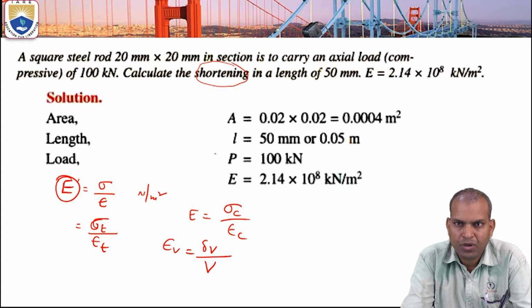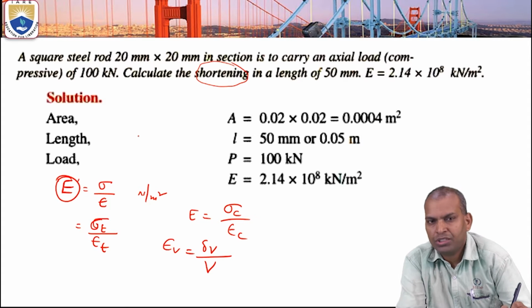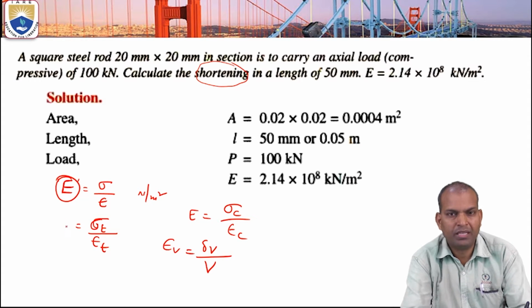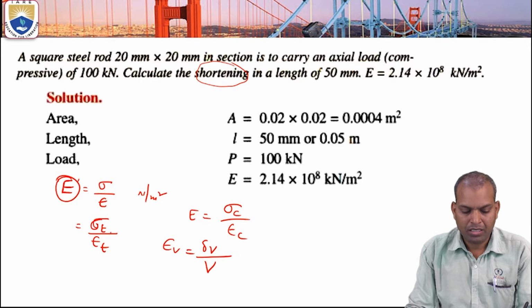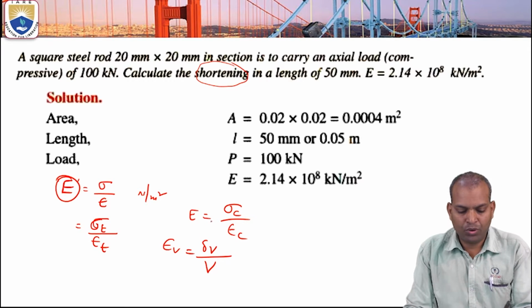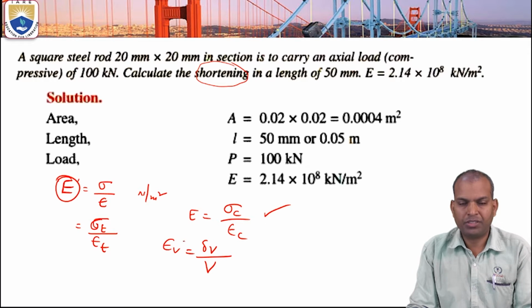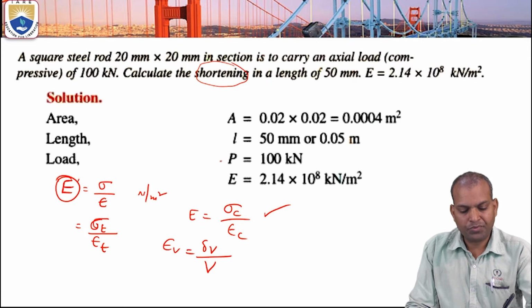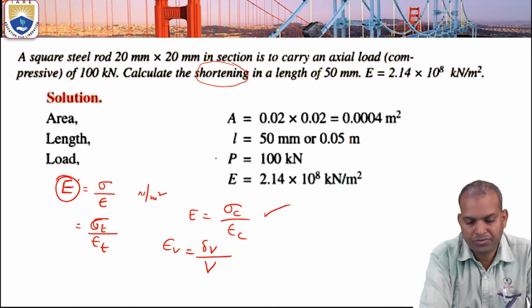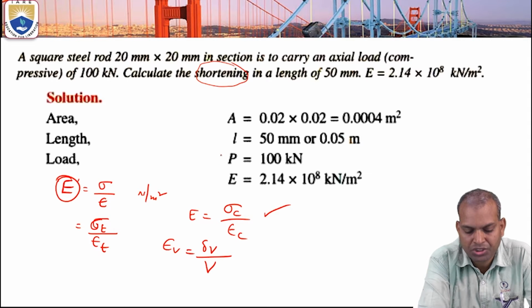So by using the formula of modulus of elasticity, that is sigma by epsilon, normal stress by normal strain. Here it is the compressive load, that's why it is compressive stress over compressive strain, epsilon C. The compressive stress comes from the formula: load per area of cross section.